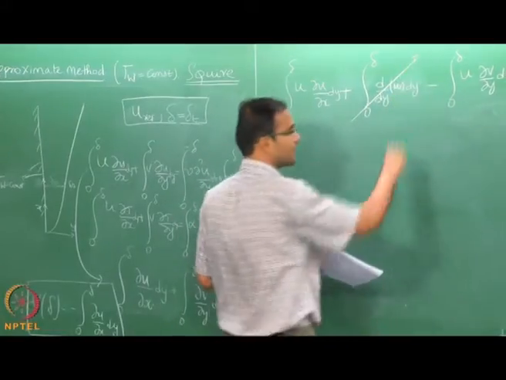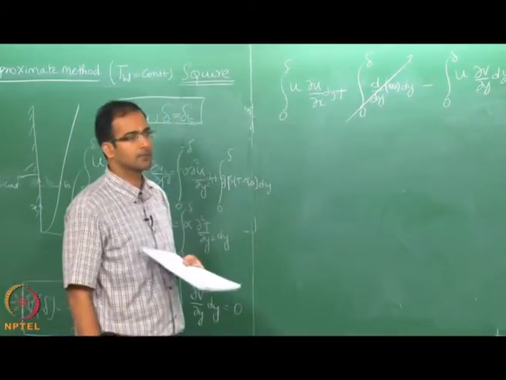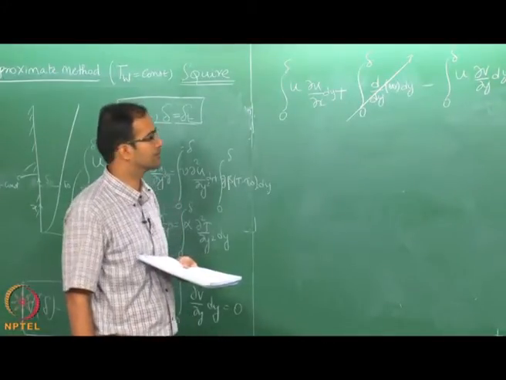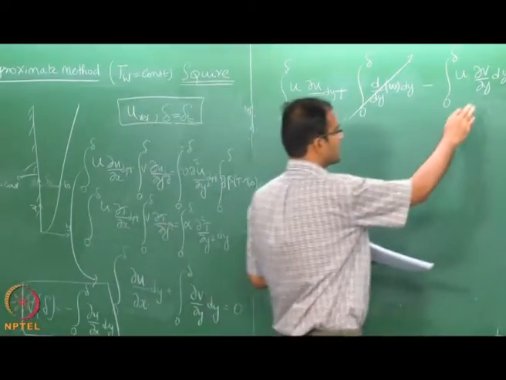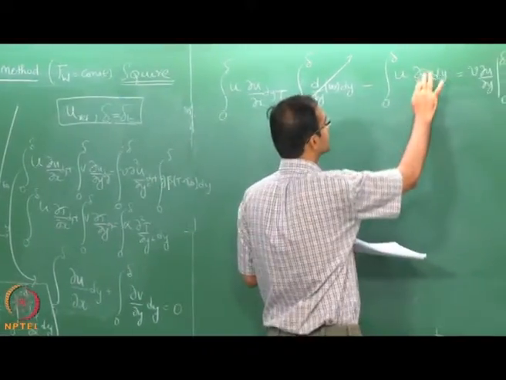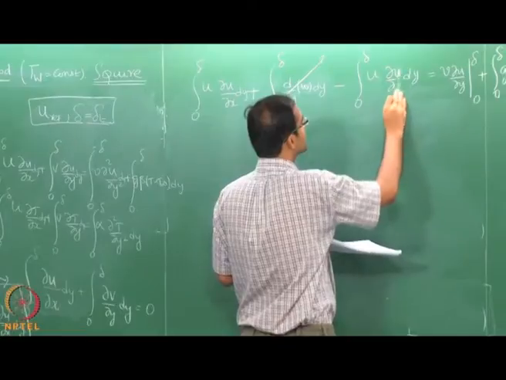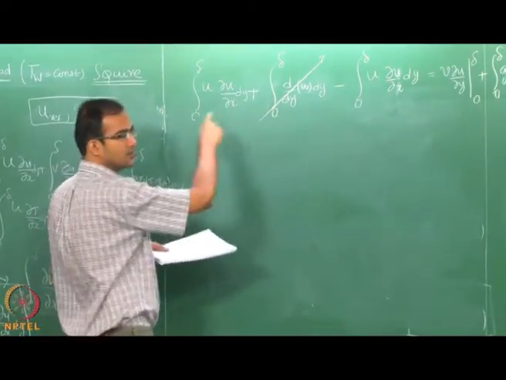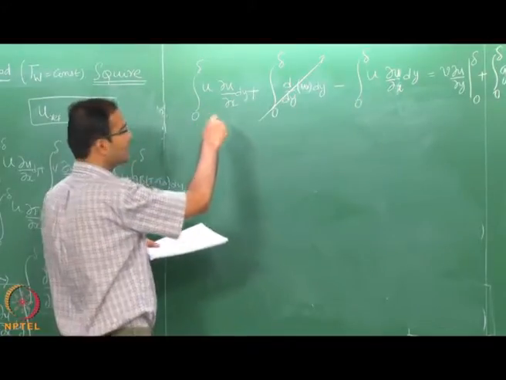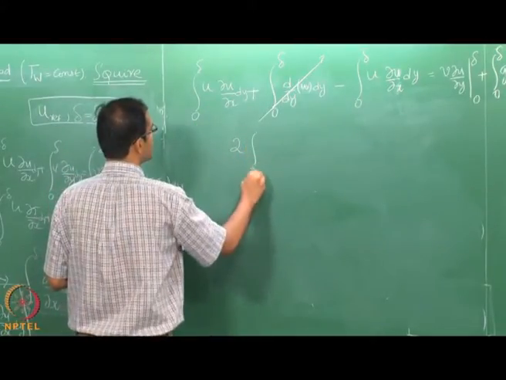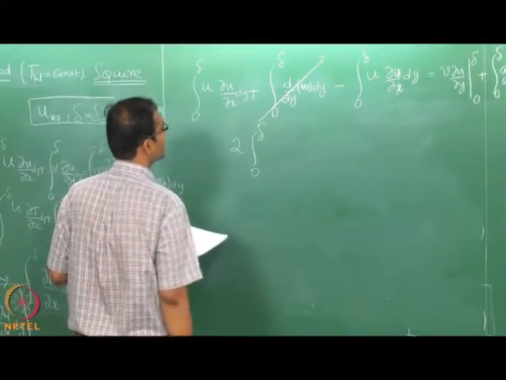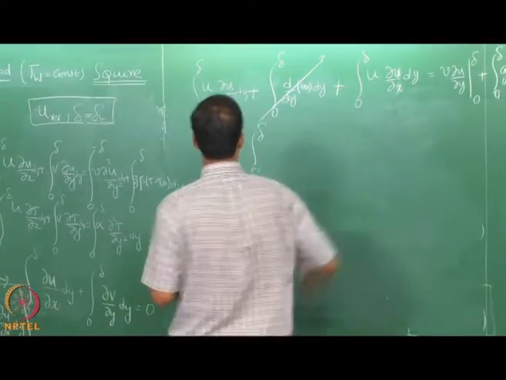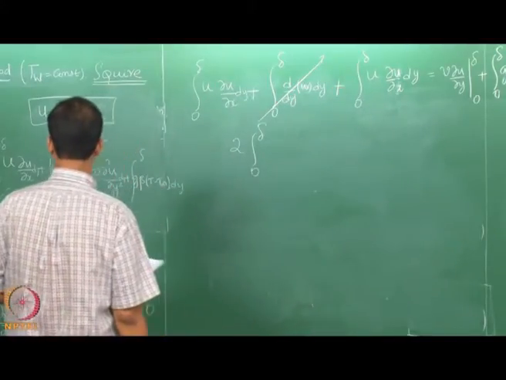There is no u velocity at y equal to 0 and y equal to delta, right. That knocks away. I can use continuity to write dv by dy as minus du by dx. So, now I can therefore combine these two terms, right. So, I have 2 times integral 0 to delta, there should be a plus here. So, I have missed a sign somewhere.